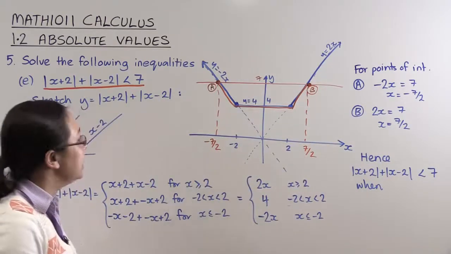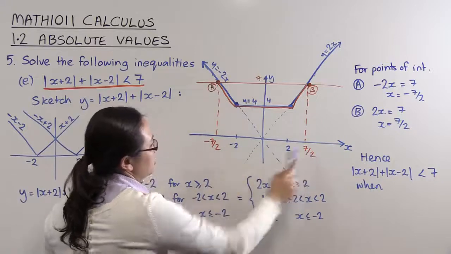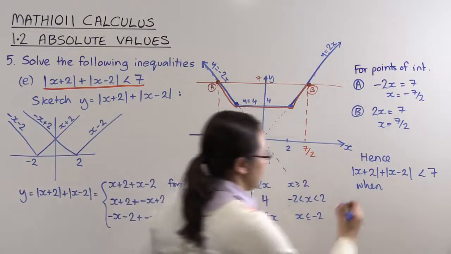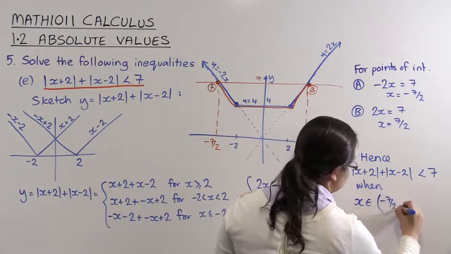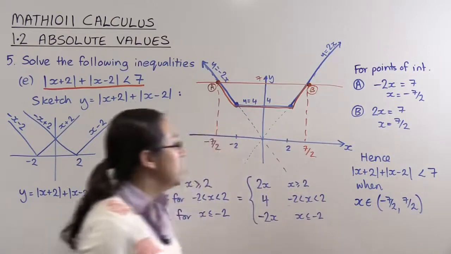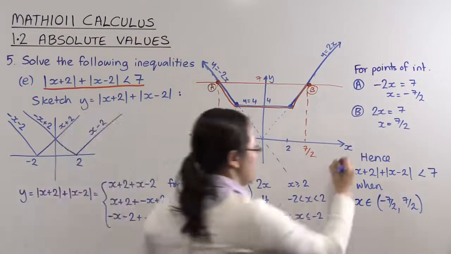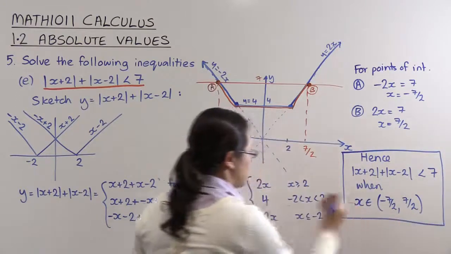So our graph is less than 7 for all the x values between minus 7 on 2 and 7 on 2. So that's when x is in this set from minus 7 on 2 to 7 on 2, not including the ends, which is why we have round brackets there. So this is our final solution to that question.